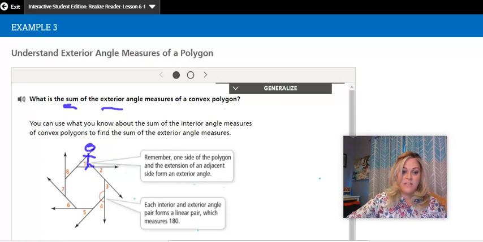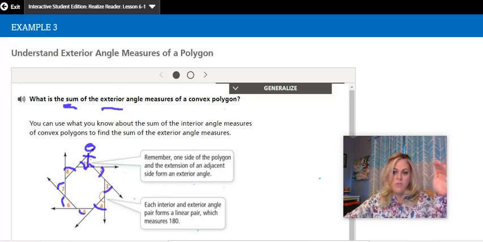So he's walking here, this amount, and he jumps over here, that amount, and for each of these. And he keeps walking, and he ends up right here where he started. So if you walk that amount and end up where you started, that's 360 degrees.